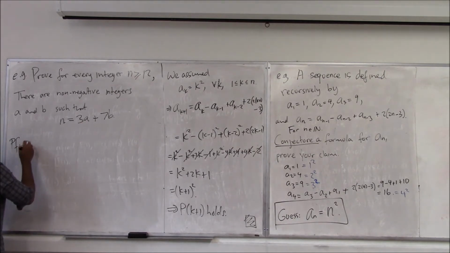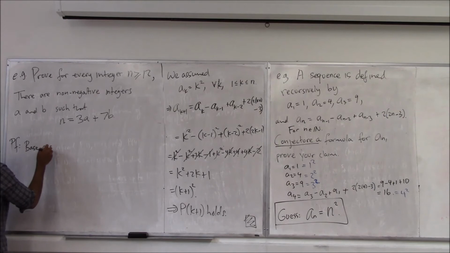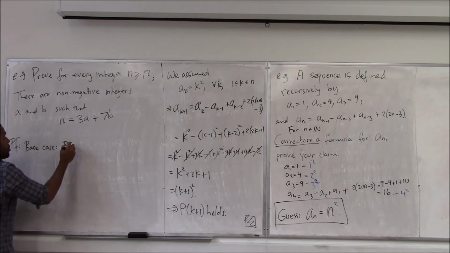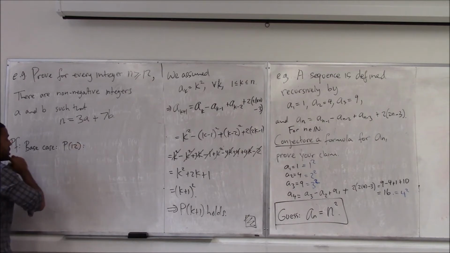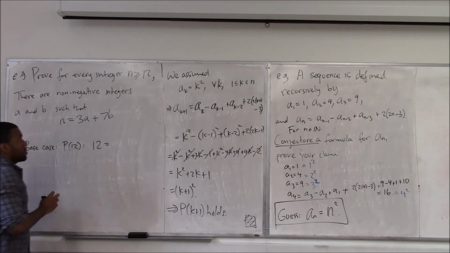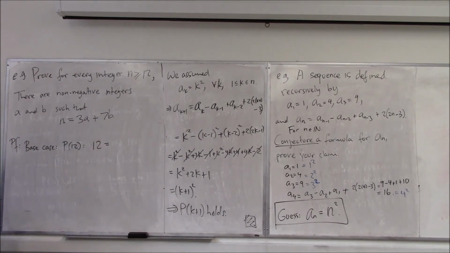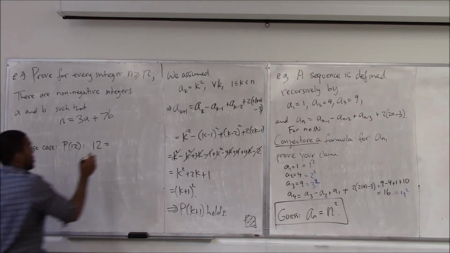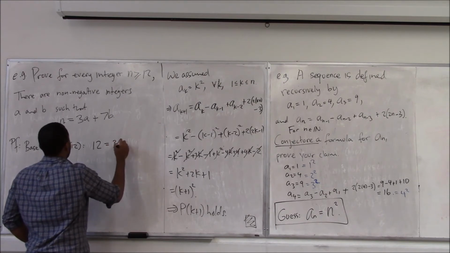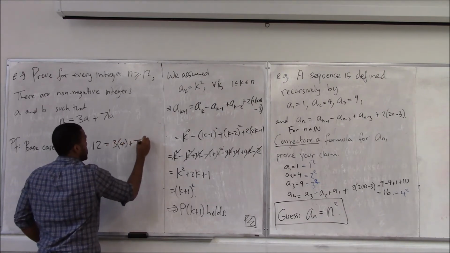So, for the base case, what is P of 12? 12 would be equal to 3 times 4 plus 7 times 0.